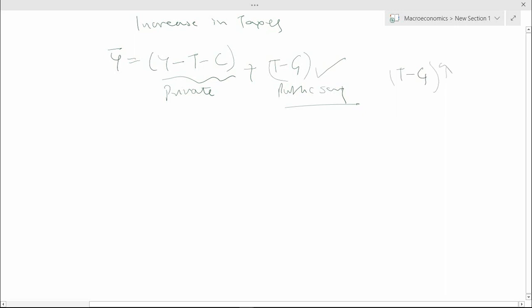Now, when you increase the taxes, we are looking at government purchases are fixed, but the tax is increased. So in this case, we are making the assumption that government purchases are fixed. By the factor of marginal propensity to consume.